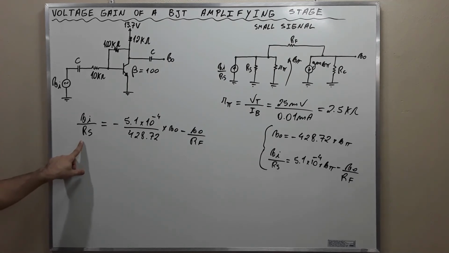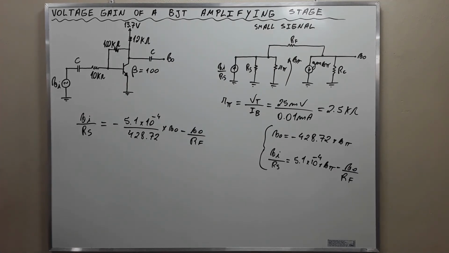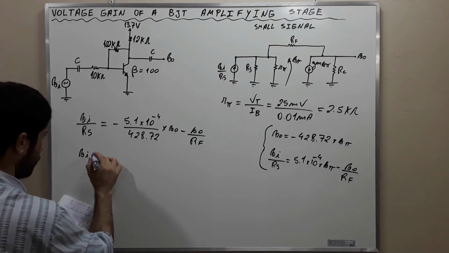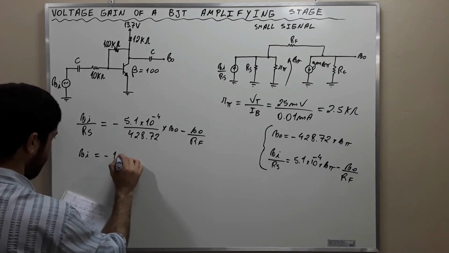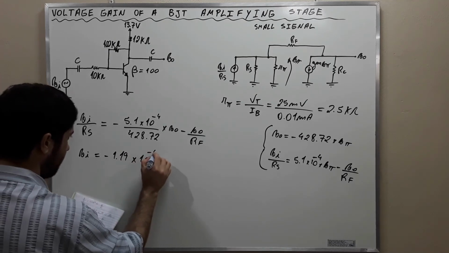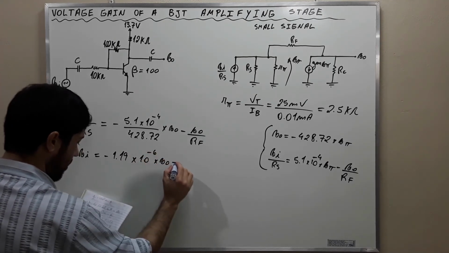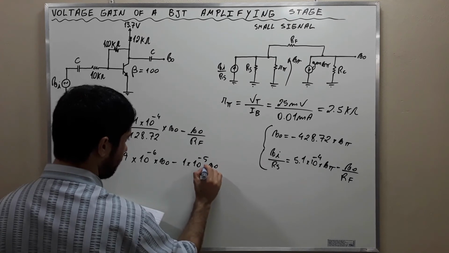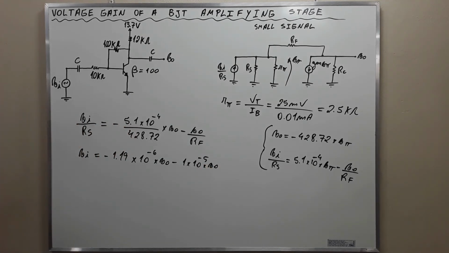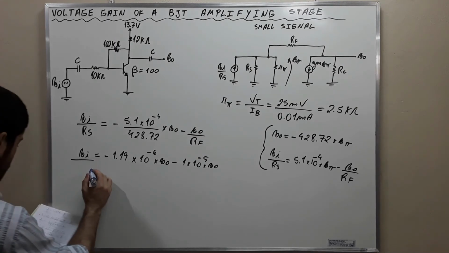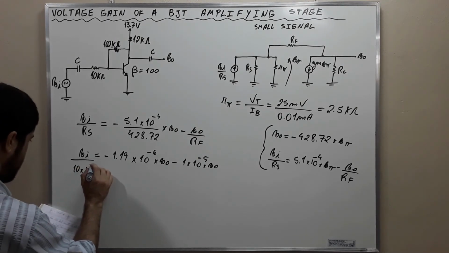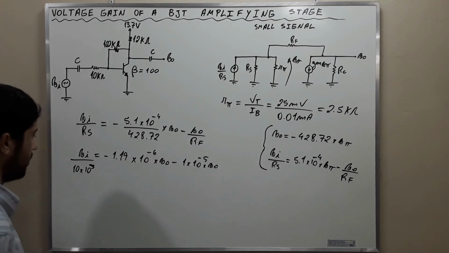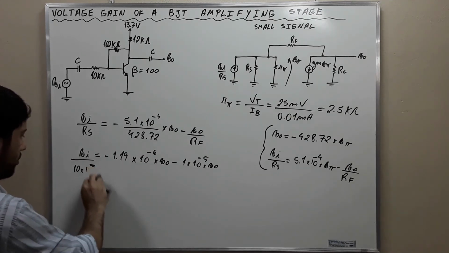Using the values of RS and RF, we get that VI is equal to minus 1.19 times 10 to the minus 6 times VO minus 1 times 10 to the minus 5 times VO, multiplied by 10 cubed.